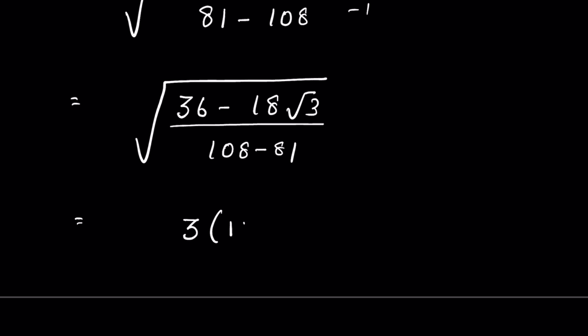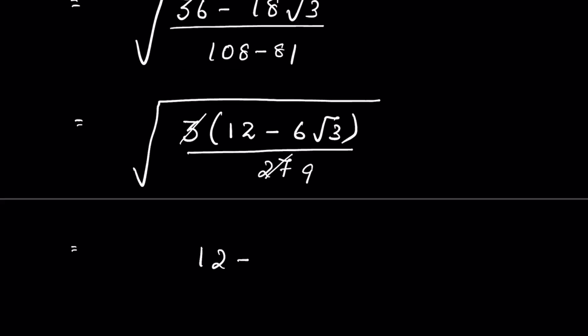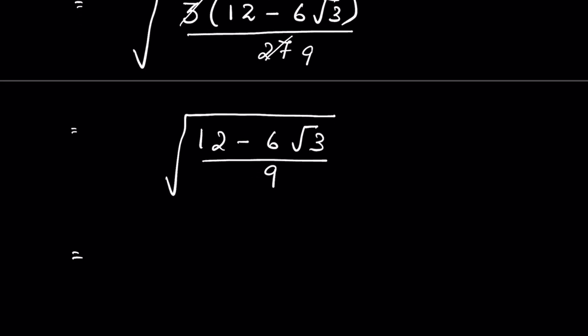So 3 times (12 minus 6 times square root of 3) upon 108 minus 81, which is 27, under square root. 3 times 9 is 27. So 12 minus 6 times square root of 3 upon 9, under square root.